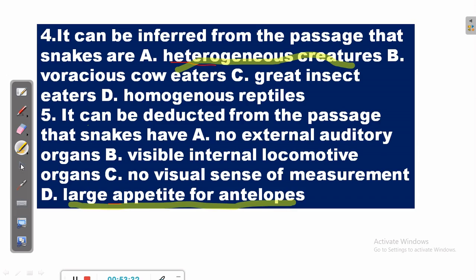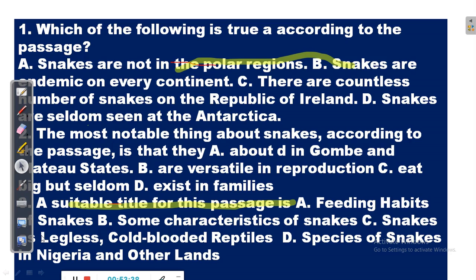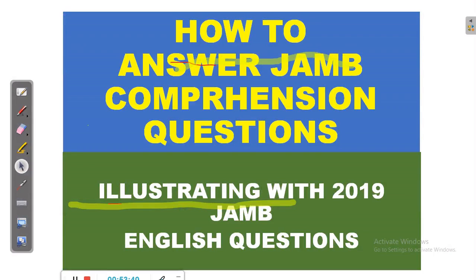All right. So that's how it has been in today's video. We have been able to look at how to answer Jamb comprehension questions, and we have done our illustration with the 2019 Jamb English questions.